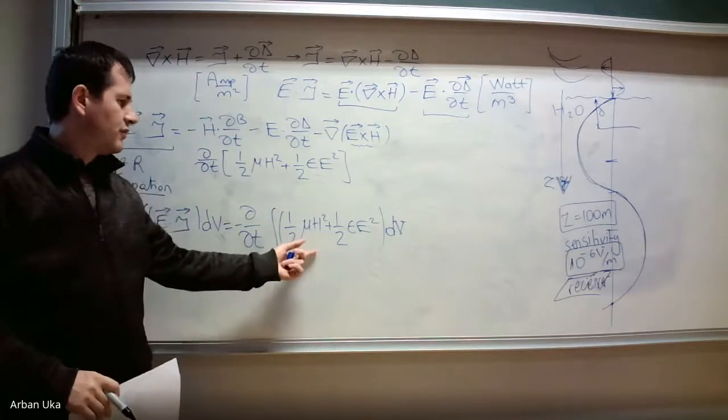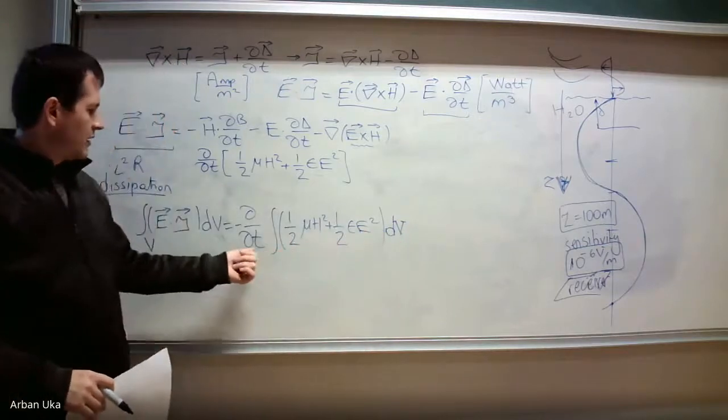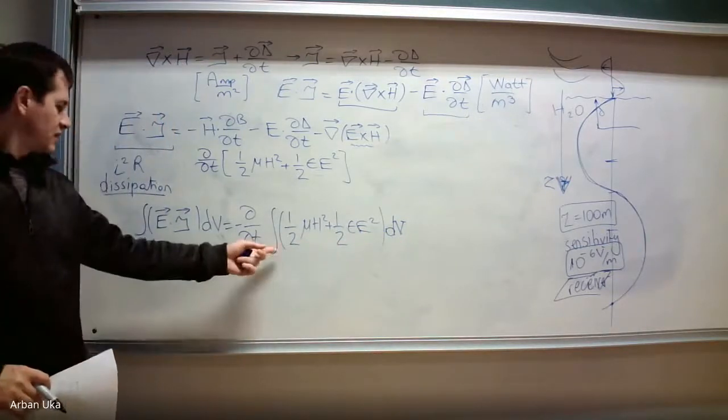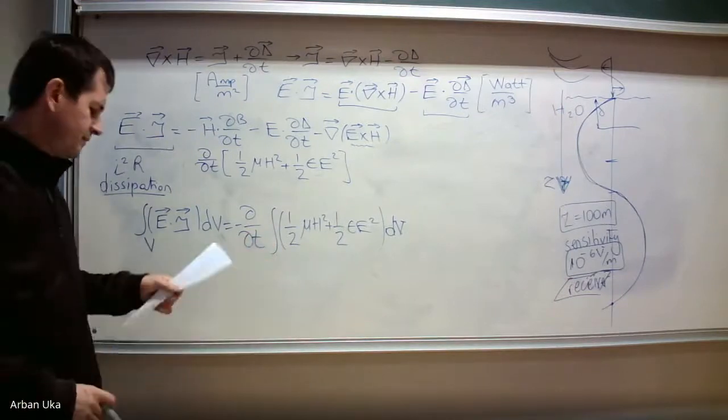It was joule per volume. We integrate over volume, we get joule. If this is joule over dt, this is watt. Okay, so this is power. So this is the unit of power.